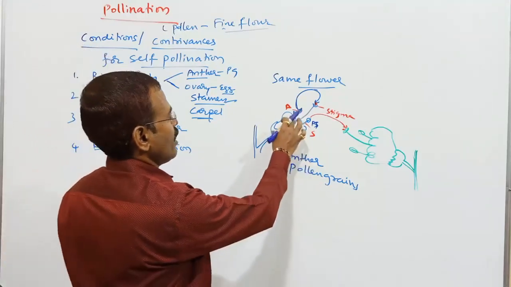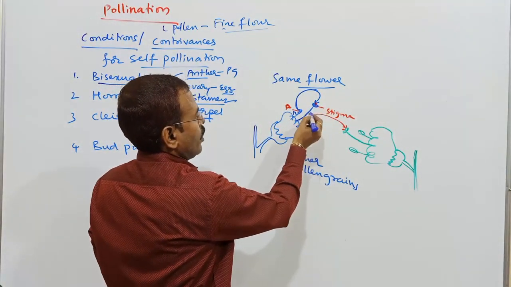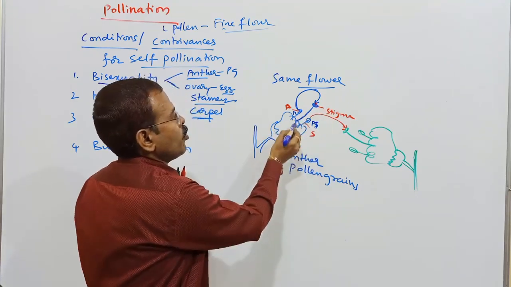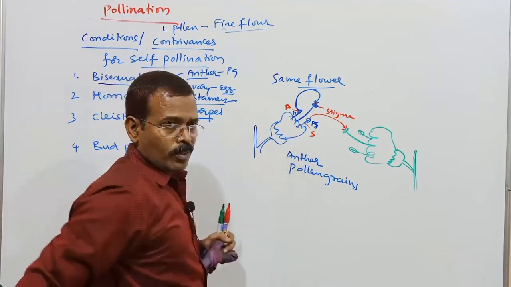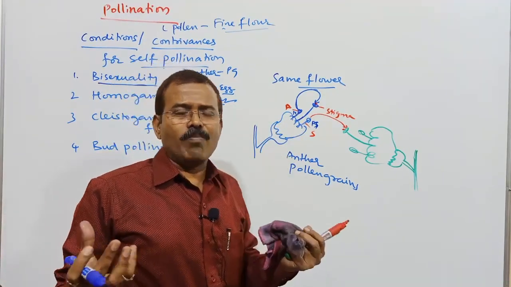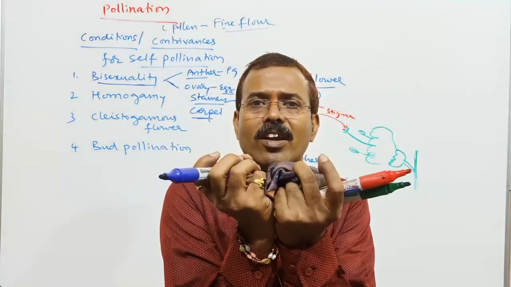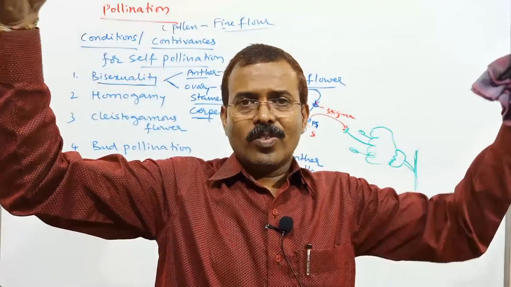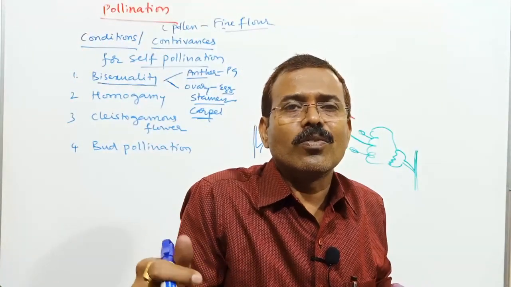Yes, it is a bisexual flower. It has the gynoecium or pistil containing ovary, style and stigma, and it has the stamen containing anther. So when the flowers are bloomed and well exposed, they should be bisexual to increase the chance of self-pollination.